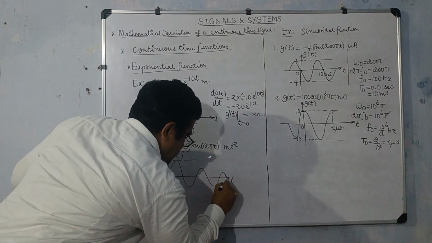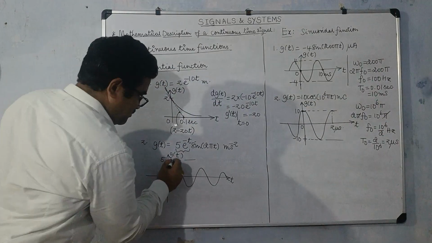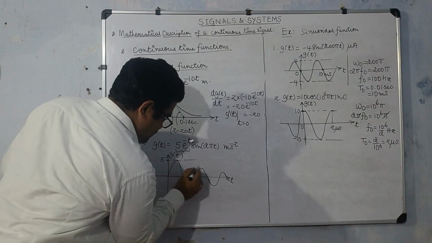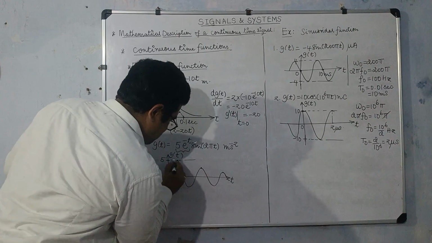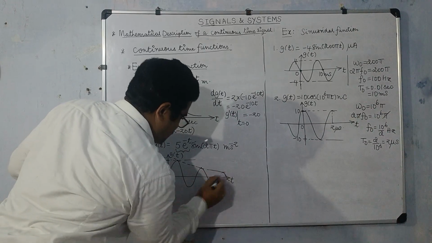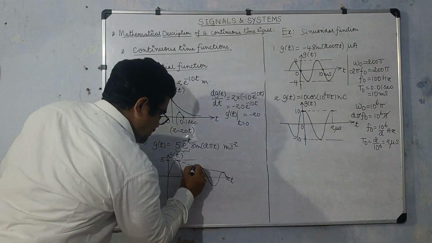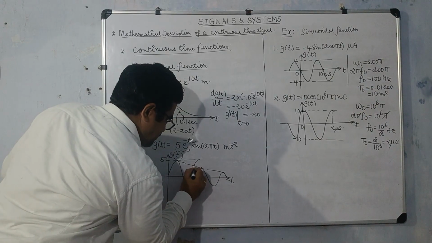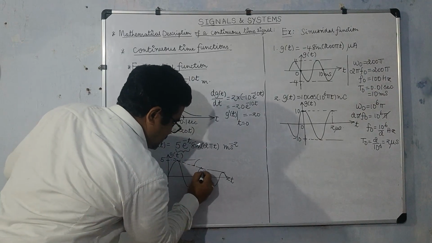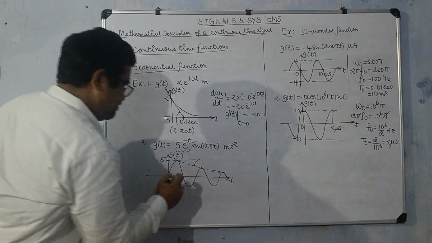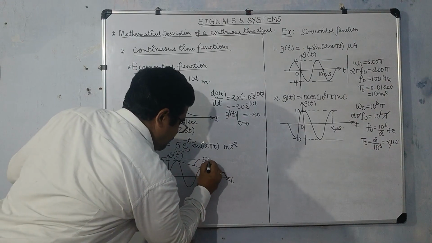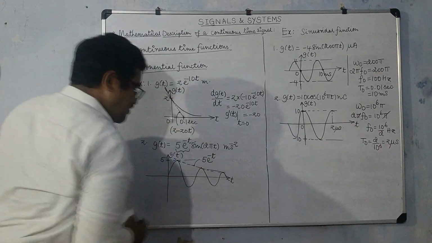How is it decreasing? Exponentially. If I join all these peaks, then the equation of this dashed line, which is exponential, is 5 into e power minus t.